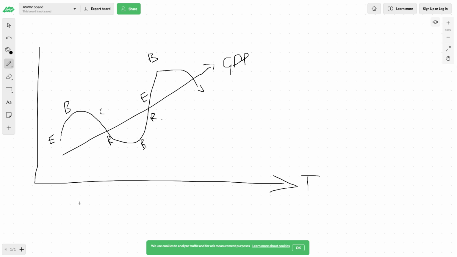This whole cycle could last 20, 30, 40 years, and within that, each phase of the business cycle could be 5, 6, 7, 8 years. So this whole cycle could be, like I said, 20, 30, 40, 50 years.